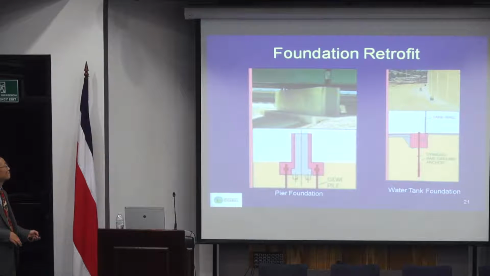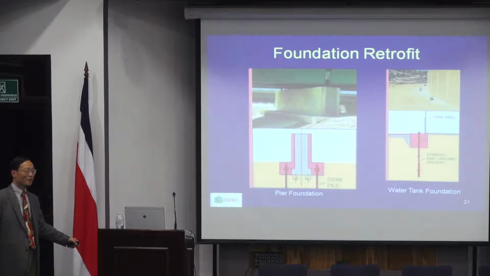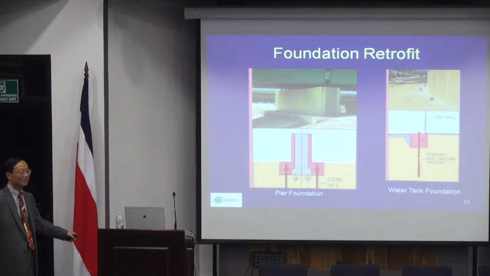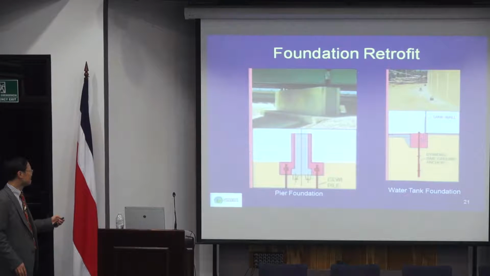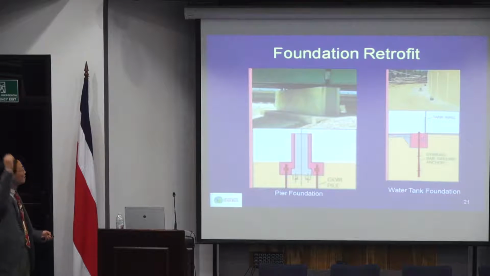All I need is tension anchors. You can actually install a soil nail or a kind of tension anchor, so that when the earthquake comes, these tension members can resist load as well. That can be considered. Sometimes it's cheaper to have tension members than compression members, so that you don't have to have equipment to drive piles down.